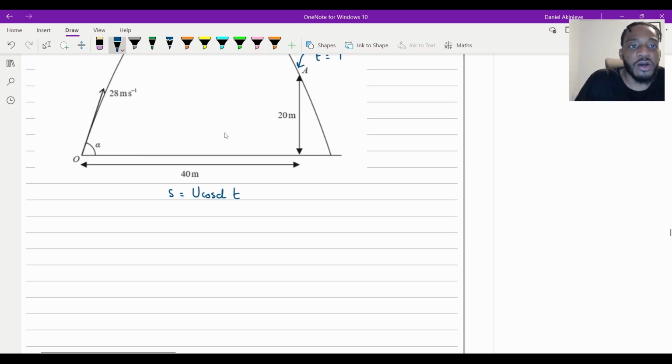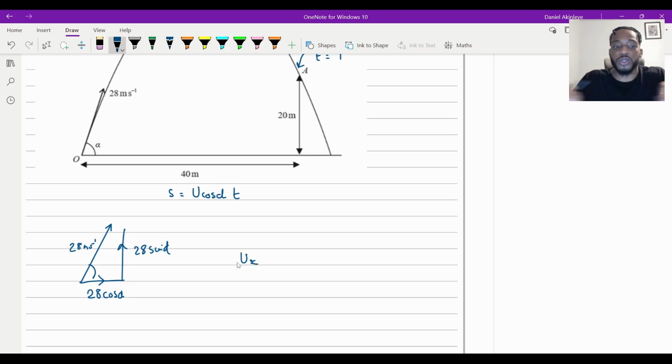Now, in this case, we can see that the initial velocity was 28 meters per second. Now, remember, this is going to be my angle alpha here. Now, if I resolve this, this is going to be 28 cos alpha. And then this here is going to be 28 sine alpha, right? So our initial component of our velocity here is just going to be, I'll write ux, right, for horizontal movement.